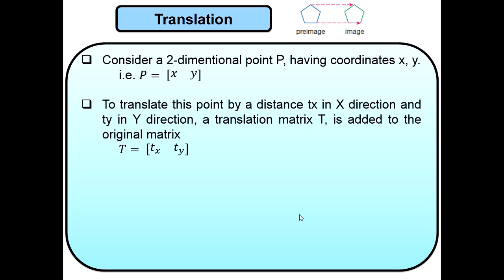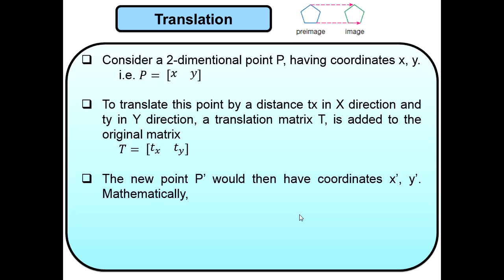Now to translate this point P with this movement Tx and Ty, simply we are adding this translation matrix to the original matrix. You can see now, P dash is your final position and x dash, y dash is the final coordinates. P is the original position, that is x, y, and T is the translation matrix, that is Tx and Ty.